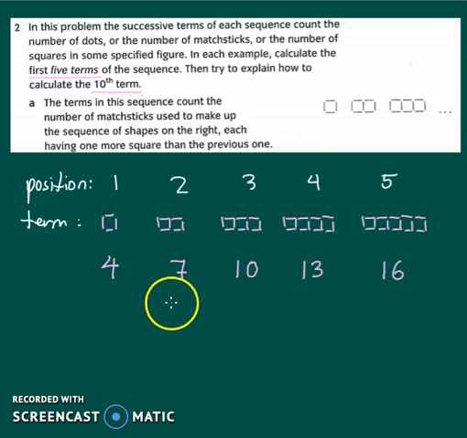So for the 10th term, what if we add 3 9 times to the original square?